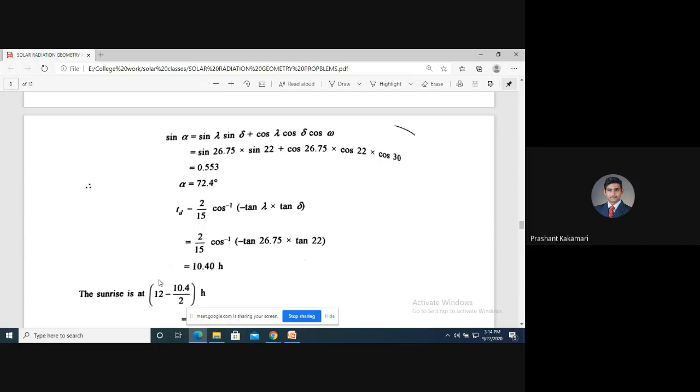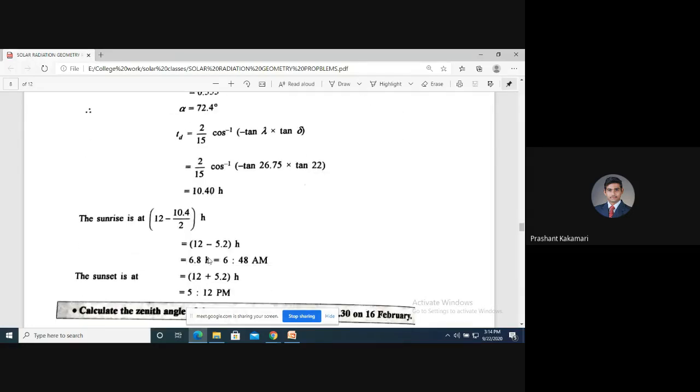So 12 minus that much time, I can take that value as the sunrise time. And for the sunset time, they have added, because it is after 12; as per the sign convention, for the afternoon we consider all values as positive. So adding the positive number of hours, where the day length was halved, it will be around 5:12 p.m.